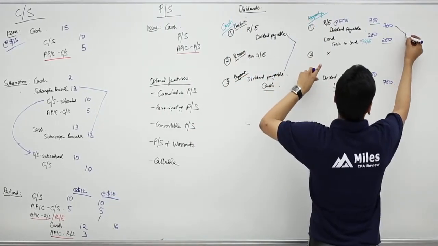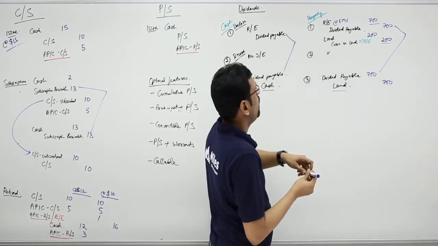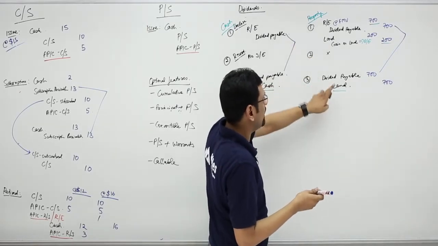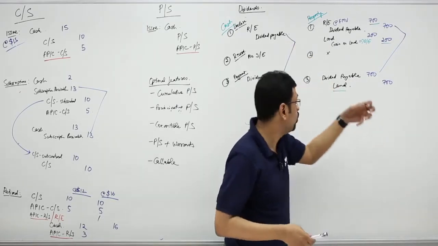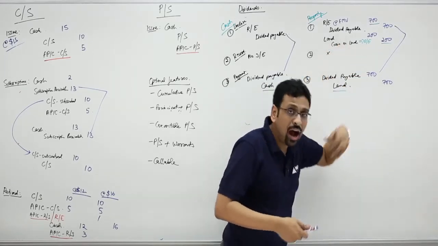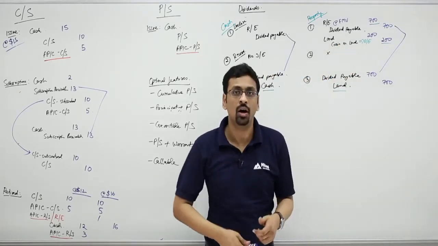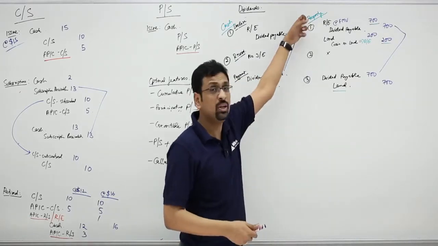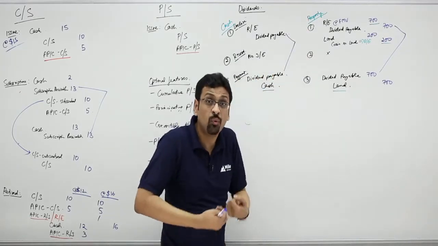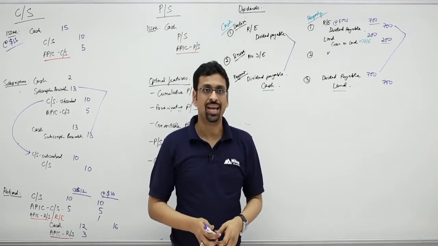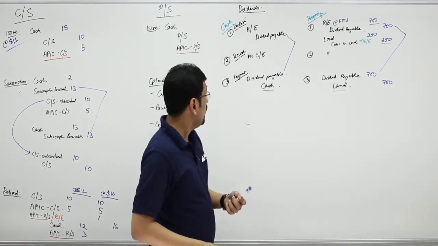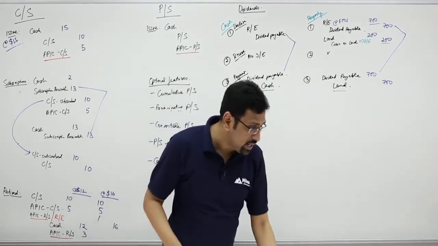The land, you've increased it by 200 and then 700 when it goes out. The gain on land ultimately goes to retained earnings. So that was about property dividends, when they didn't have enough cash and they wanted to give out a property to the stockholders as dividend. Let's talk about liquidating dividend.